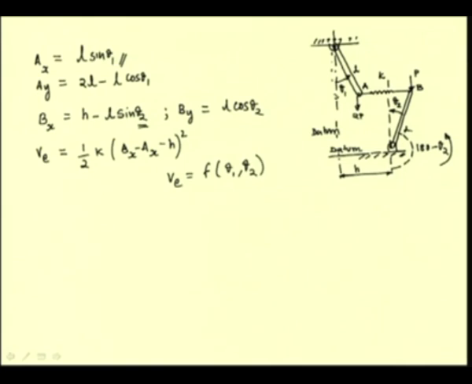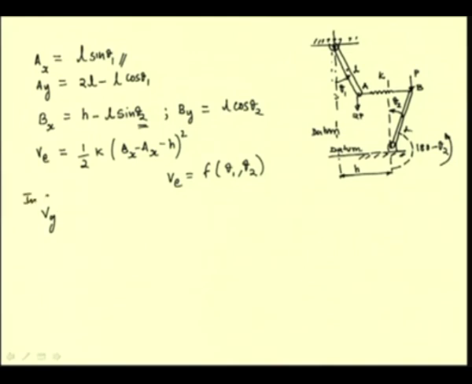If you would like to include the potential energy associated with the mass, then let us assume that the masses are acting through the CG of these links. So, already we know these positions Ay and By, so we can also write Vg.